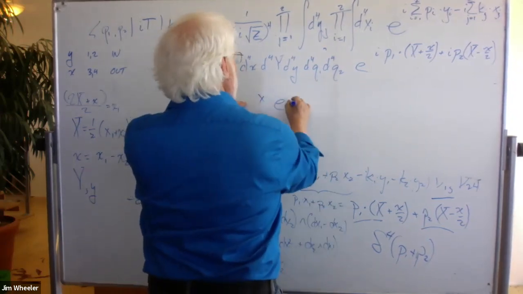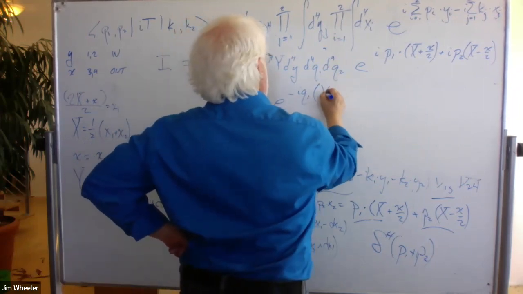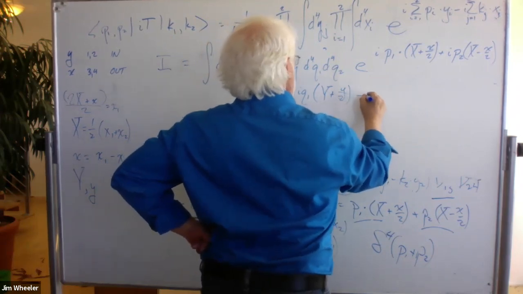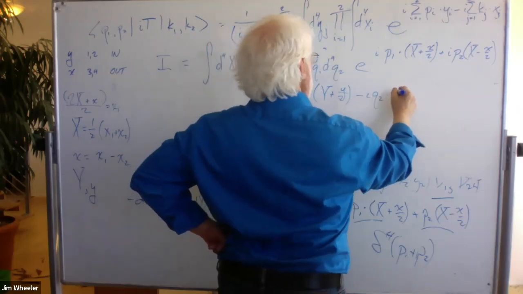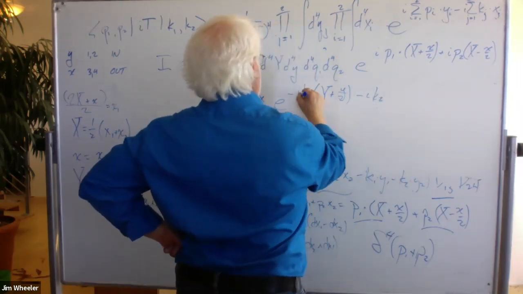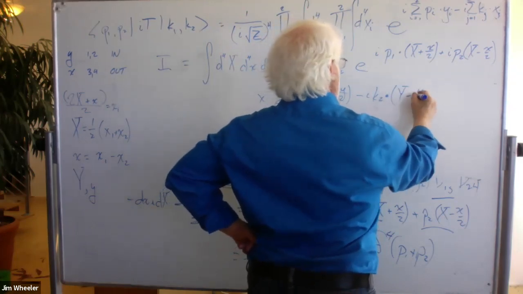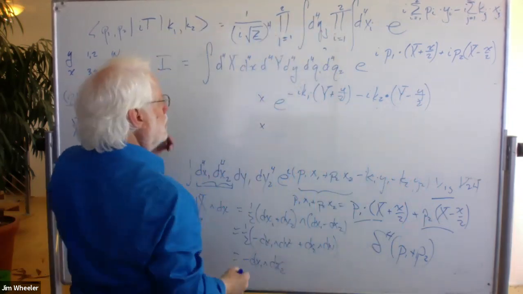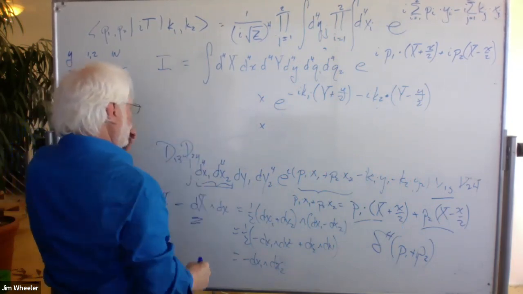Okay, then we have e to the minus i q1 dot y plus little y over 2, minus i, those are four-dimensional dot products, q2, sorry, k2 dot y minus little y over 2. And then we have propagators. Let's see, we have D13, D24.